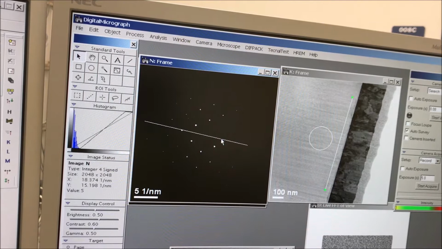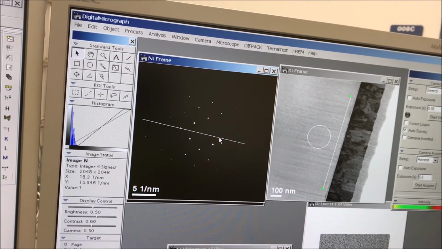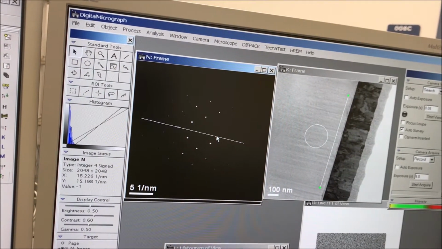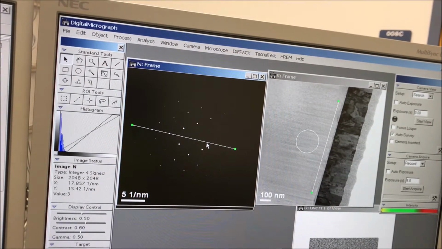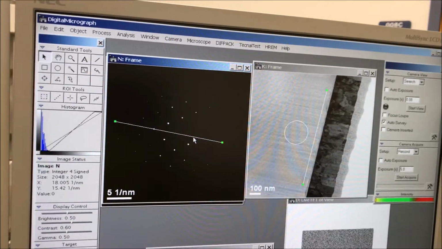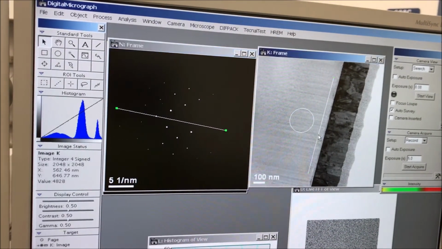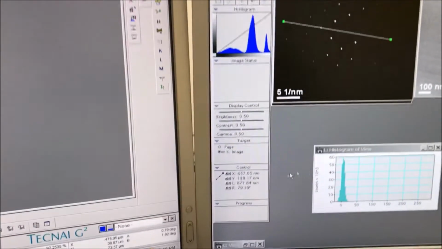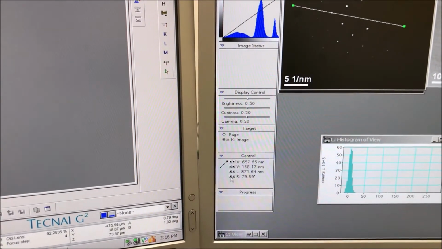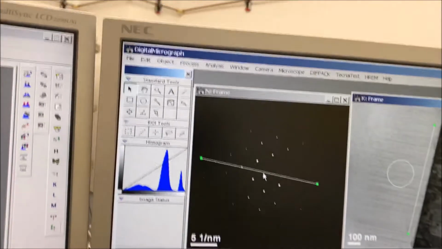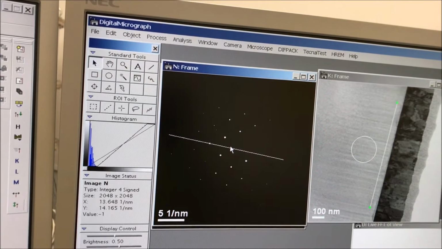So what we can see here is that the line I drew in the image is not parallel to the line I drew in the diffraction pattern. So I have to rotate one relative to the other. Okay, so I'm going to again rotate the pattern relative to the image.